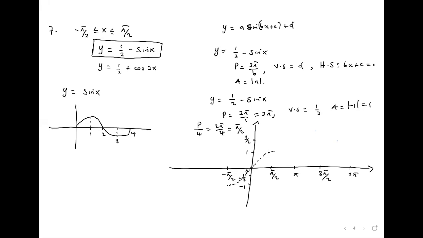But it has a shift where it says each point must go up. Each point must go up. So this will be half from 0. And each point must go up. That will be -half. So it's going to be something like this.